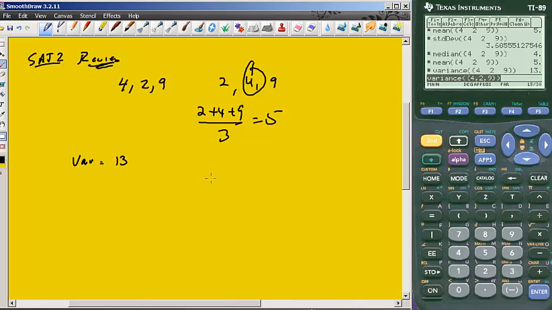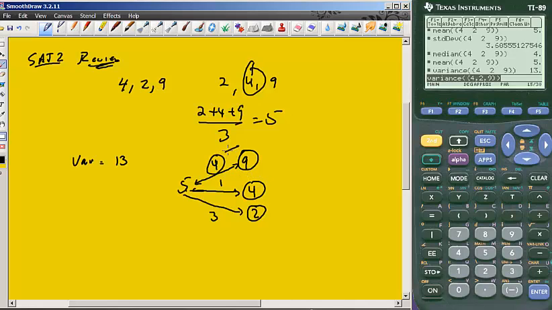Well, how do they find the variance? Well, we found the mean to be 5. Okay, well, how far is the 9 from it? That's 4 units. And how far is the 4 from it? That's 1 unit. And how far is the 2 from it? That's 3 units. So take the difference between the mean and 2, the mean and 4, and the mean and 9, and you square each one of these.